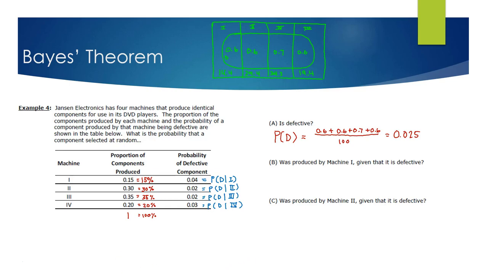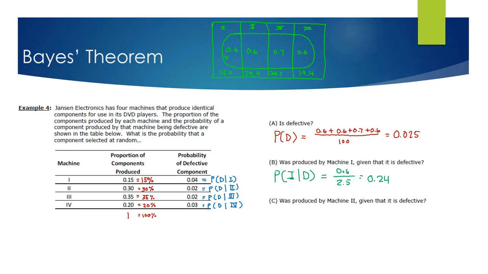So the probability that a component was produced by machine 1, given that it was defective, is 0.6, because that's how many are defective from machine 1, out of 2.5, the total of all the defects together. So it's about 0.24, or about 24%.